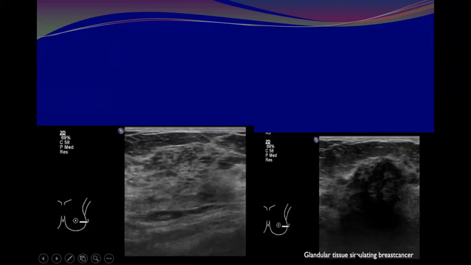It is written: glandular tissue simulating breast cancer. Look at this glandular tissue here, amalgamated together, giving shadowing, very thick, absorbing the sound. By giving pressure, we make it thinner, let the sound go through, and everything gets clear.